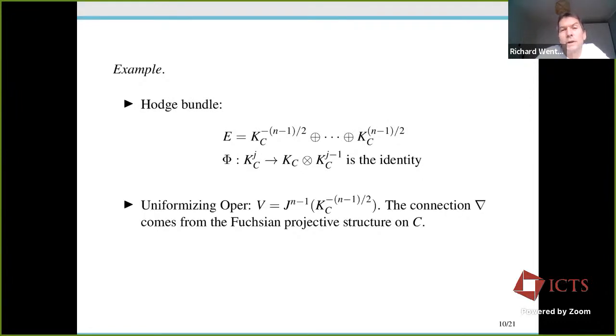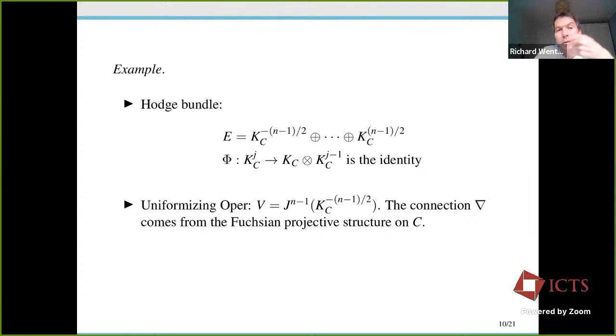Similarly, there's a flat bundle, which is just the jet bundle of the canonical bundle. If you like, that's a sequence of non-split extensions of these powers of the canonical bundle. I successively do non-split extensions, and that one has a natural flat structure. In fact, it has a whole family of flat structures.